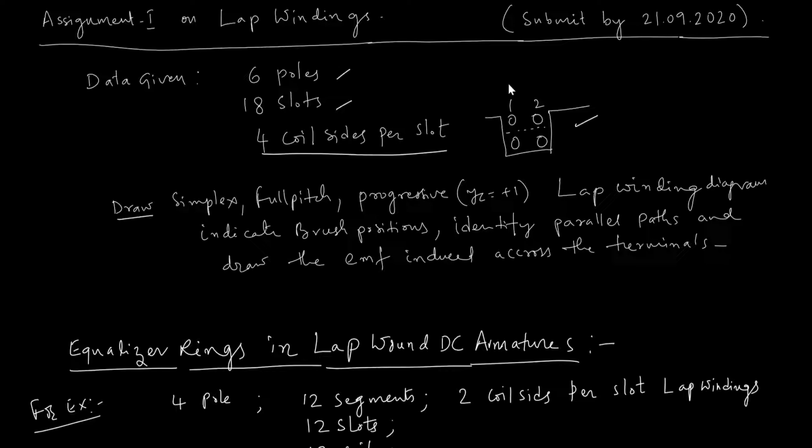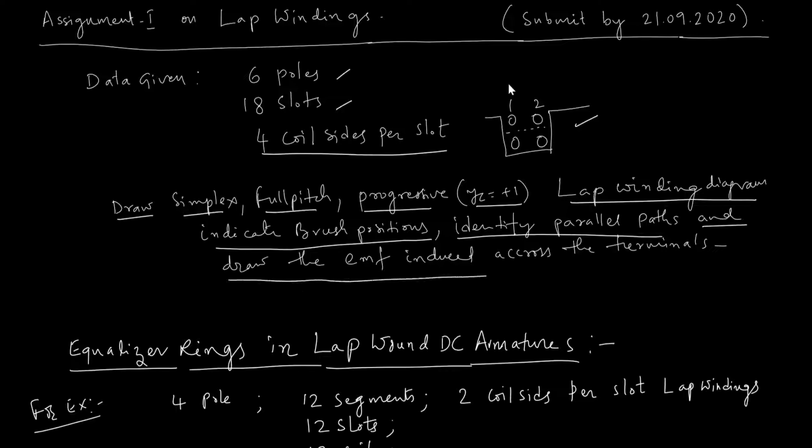You need to draw a simplex full pitch progressive type, that is YC equals +1, lap winding diagram, and also indicate the brush positions, identify the parallel paths, and draw the EMF induced across the terminals. So this is your assignment problem. Do it by Monday and submit to me.